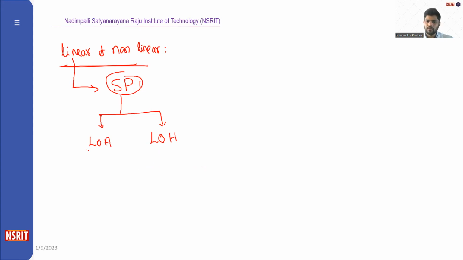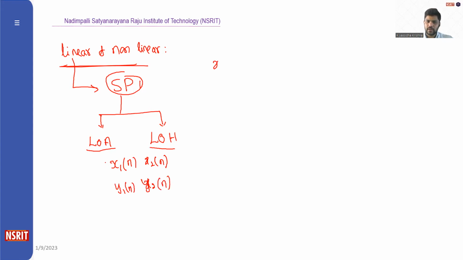Let us take two examples, x1 of n as well as x2 of n, which give the outputs y1 of n and y2 of n.